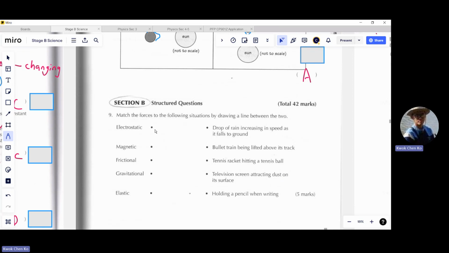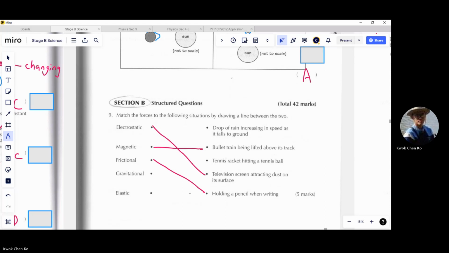Match the forces to the situation. Drop of rain increasing. Electrostatic, television screen, good. Magnetic, good. Frictional, holding a pencil. Okay.